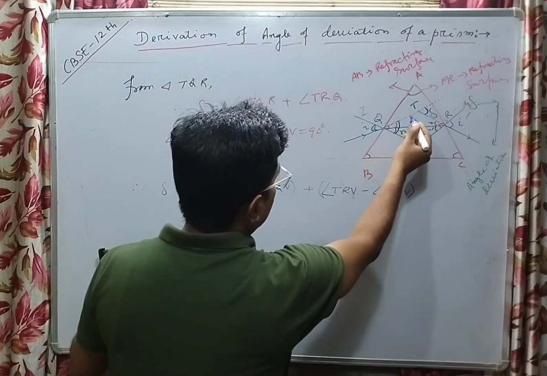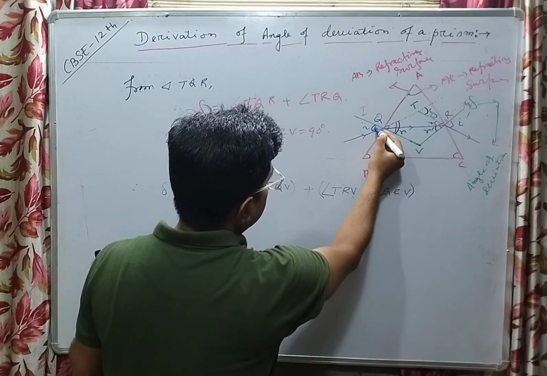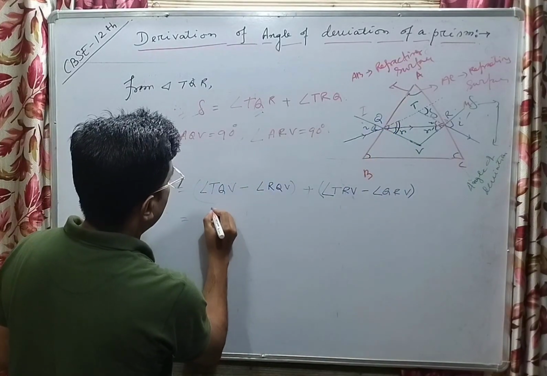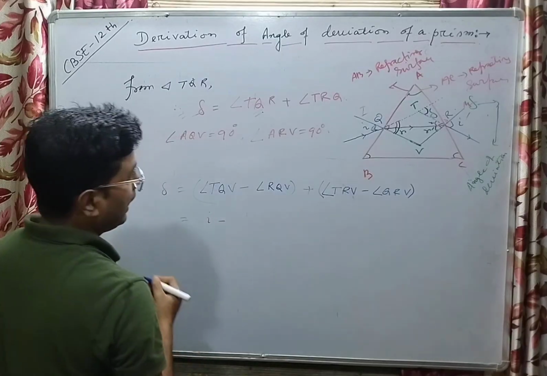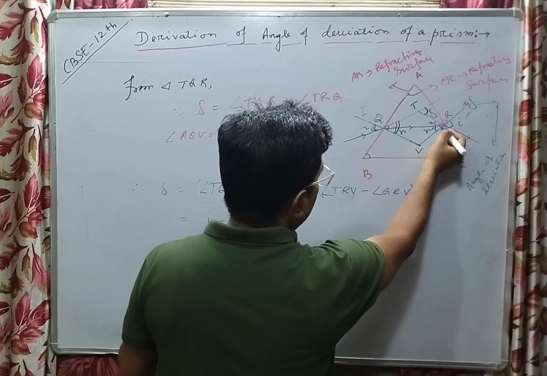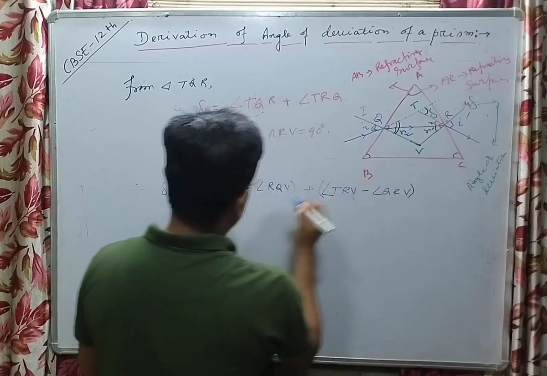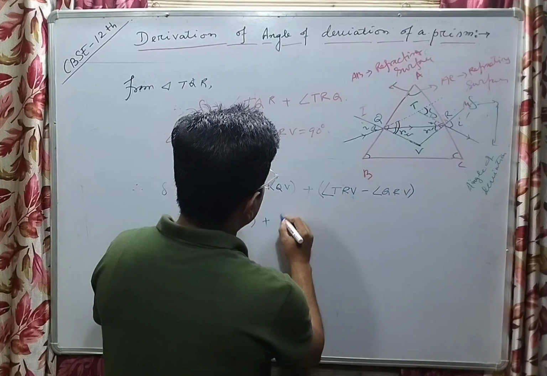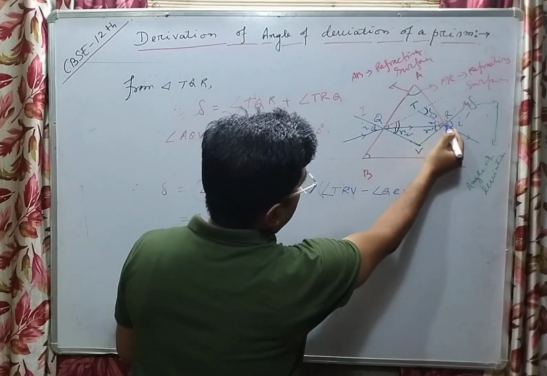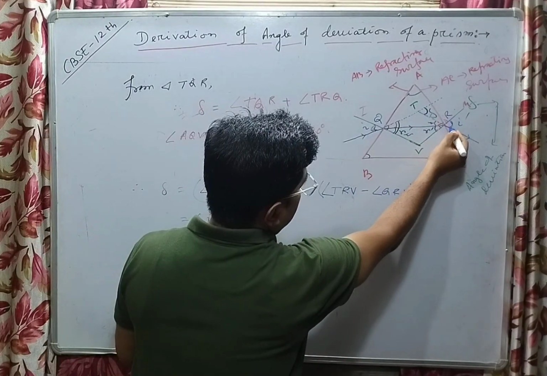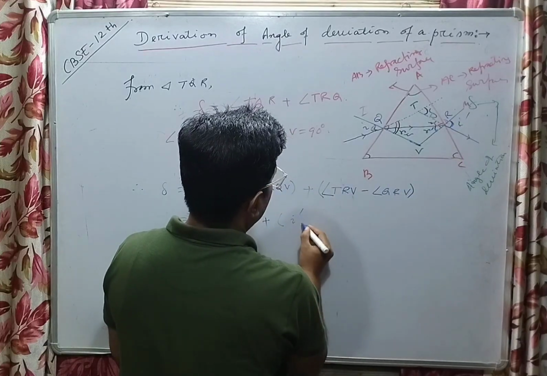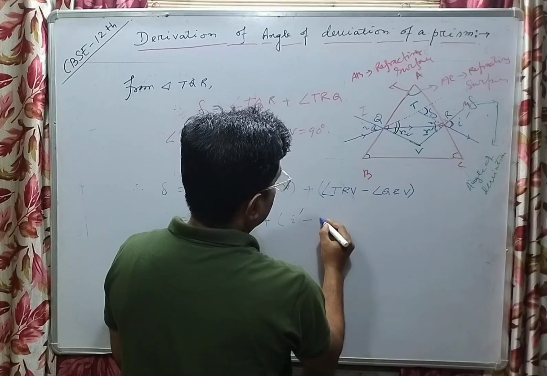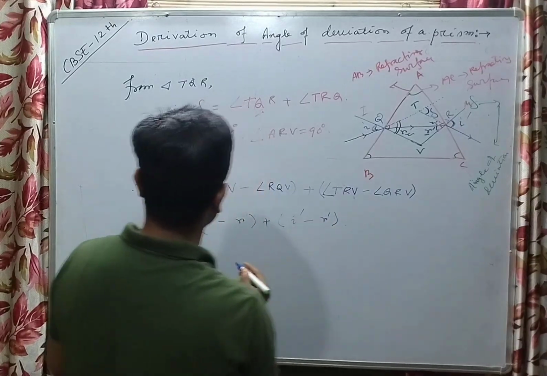Now, angle TQV is the vertically opposite angle of this. Therefore, TQV is equal to I minus RQV, where RQV is R. Similarly, angle TRV is equal to the vertically opposite angle, this I dash, minus QRV, and this angle is R dash, right?